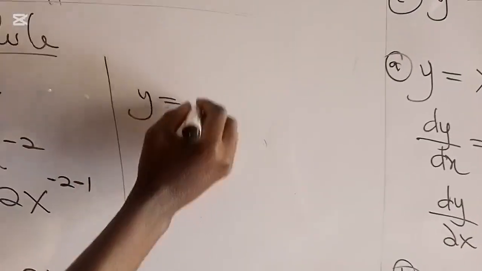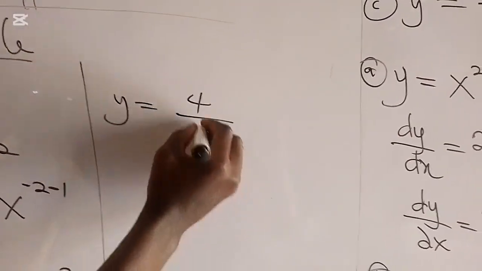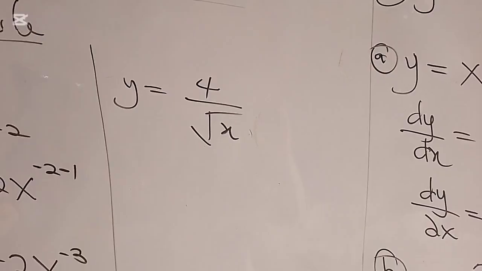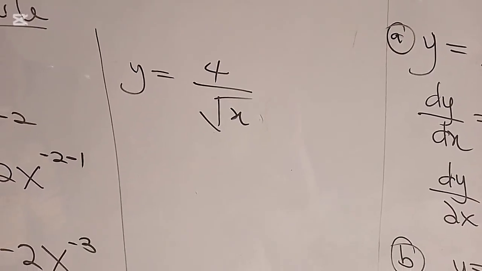Now the fourth question, which is y is equal to 4 all over root x.